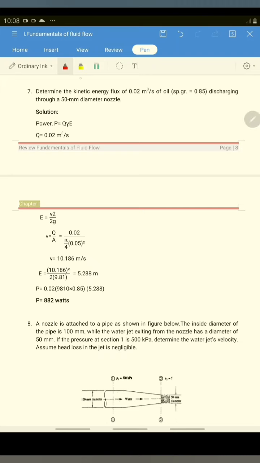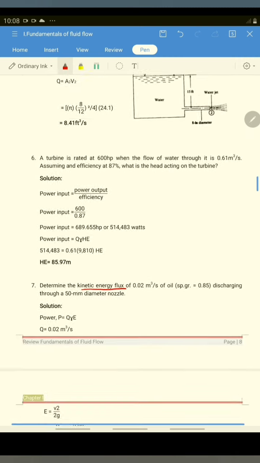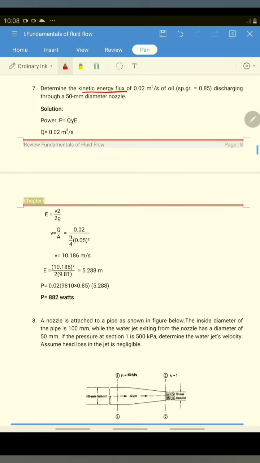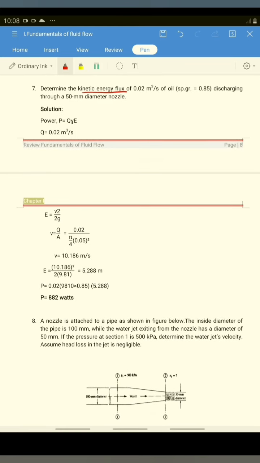Okay, for number 7, determine the kinetic energy flux of 0.02 cubic meter per second of oil discharging through a 50 mm diameter nozzle. So we're going to determine the power.